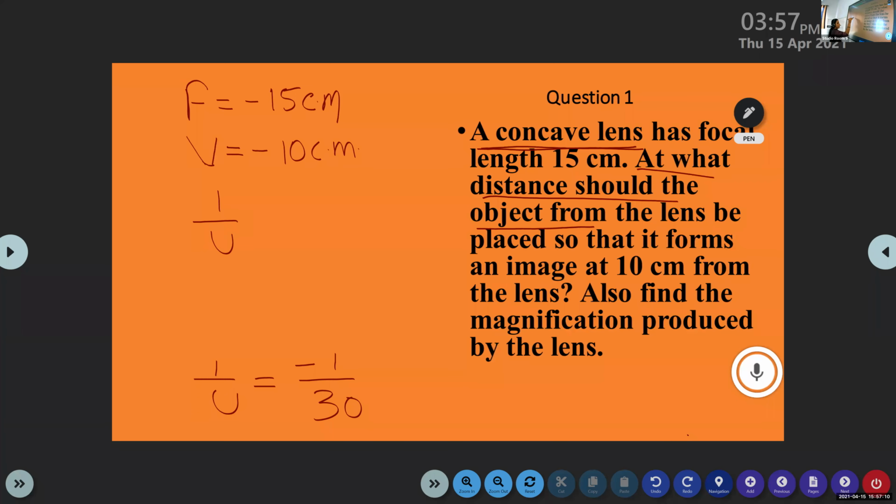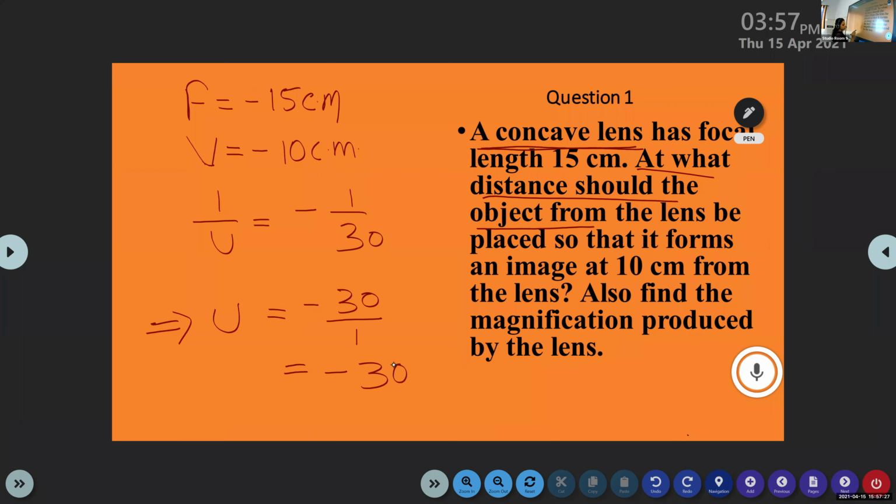Here we have 1 by u is equal to minus 1 by 30, which implies u is equal to negative 30 divided by 1. What is negative 30 by 1? Negative 30 itself. So we get the object distance u is equal to negative 30 centimeter. Clear?